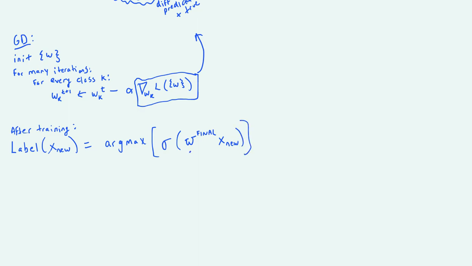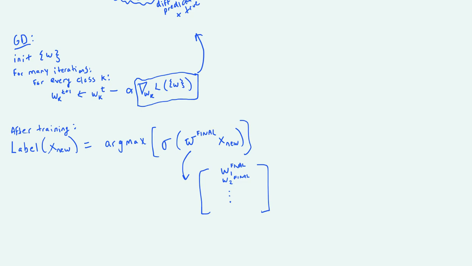And just to remind you, the W matrix is stacking the W's on top of each other. So this is W1 final, W2 final, all the way down to WK.